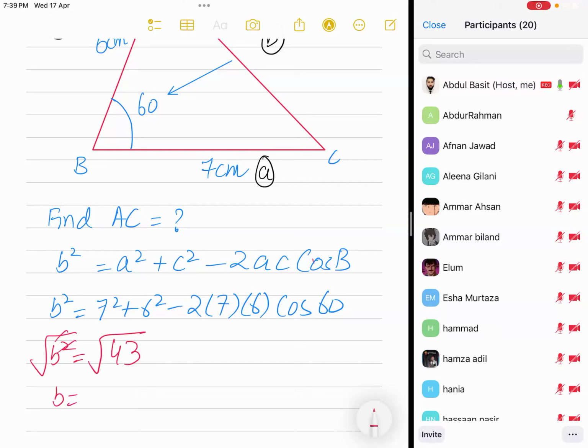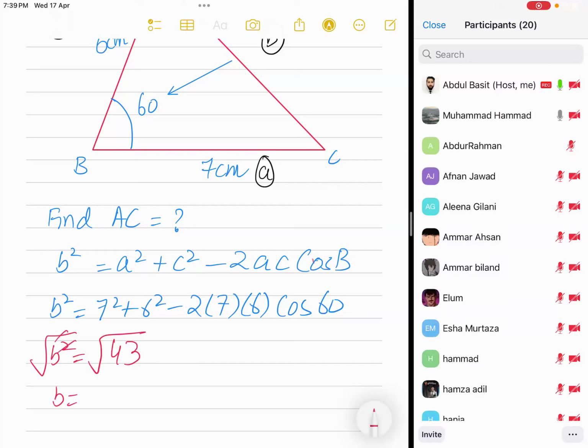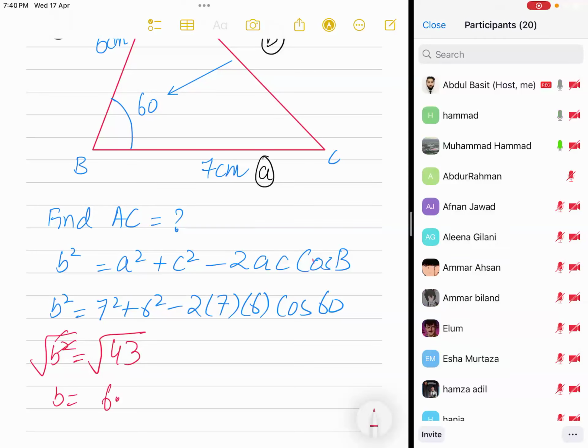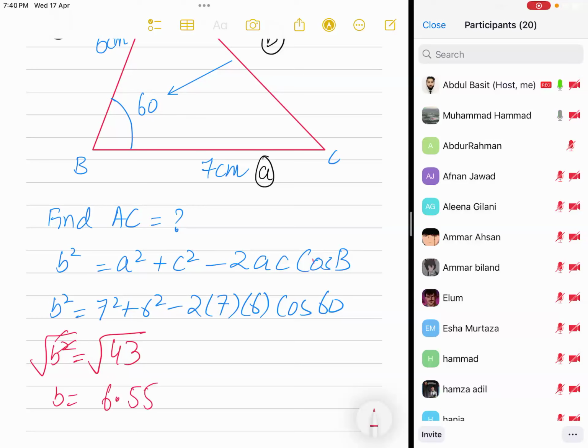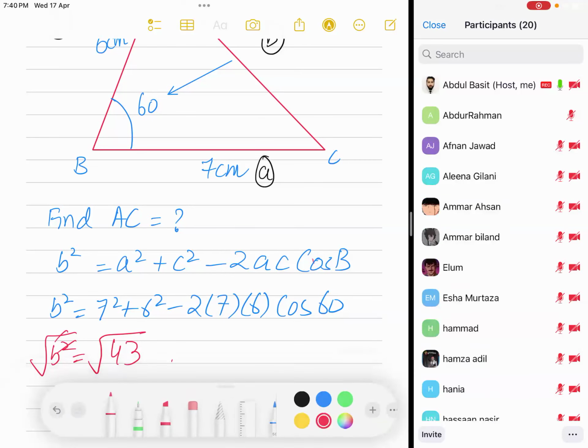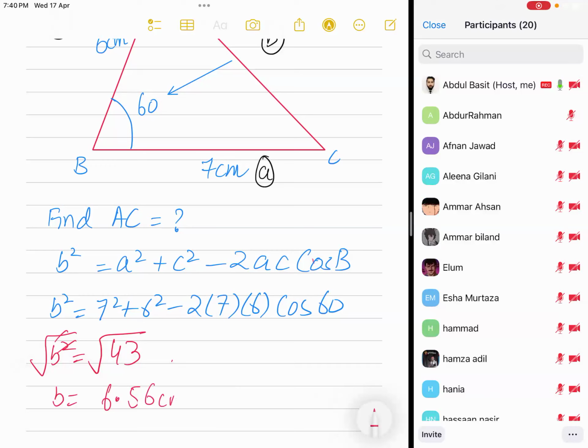So b is equals to what? Square root of answer. 6.56. What? 6.55. So that would be 6.55, let's make it 6.56, okay. So 6.56 centimeter is the final answer with this one.